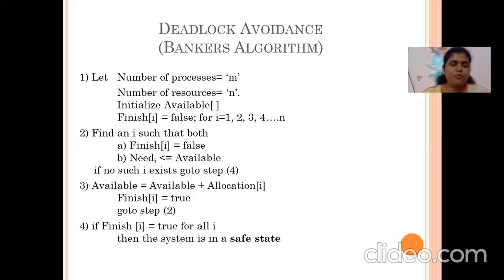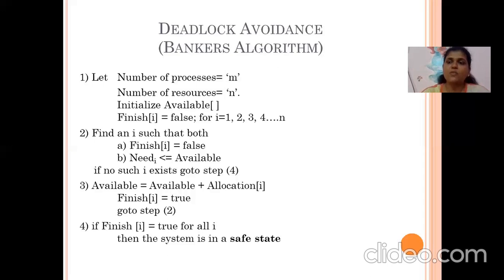If we find no such I for which conditions A and B are true, then we will go to step number 4 and check whether finish of I for each process is true or not.